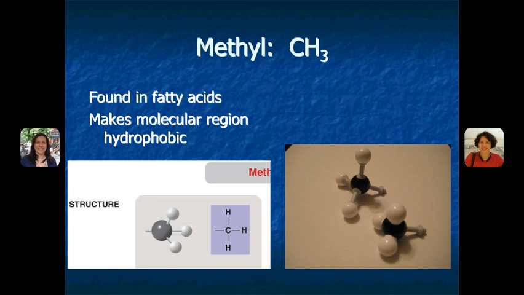Methylation of DNA is used to turn genes off or on sometimes also. So it can be used to control gene expression. So the methyl group is also very important. In general, it makes molecules hydrophobic or not soluble in water.